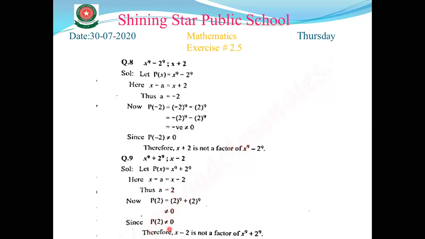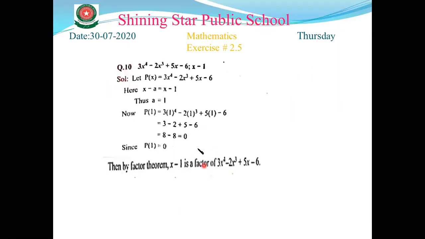So it means x minus 2 is not a factor of x power 9 plus 2 power 9. Because if after the simplification the polynomial is equal to 0, then we can say that x minus 2 is a factor. Otherwise, x minus 2 is not a factor of the given polynomial.